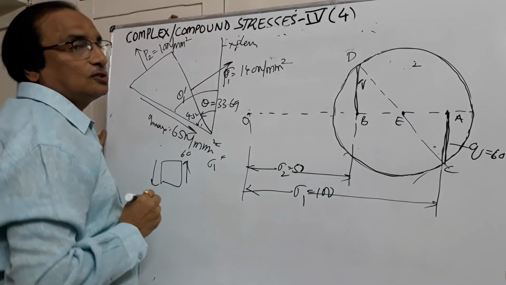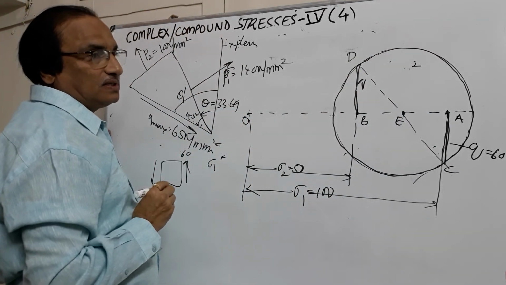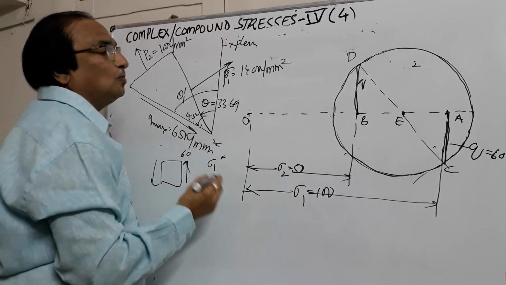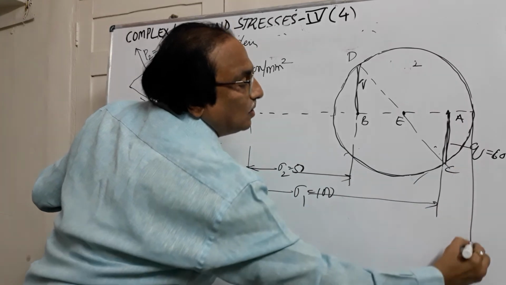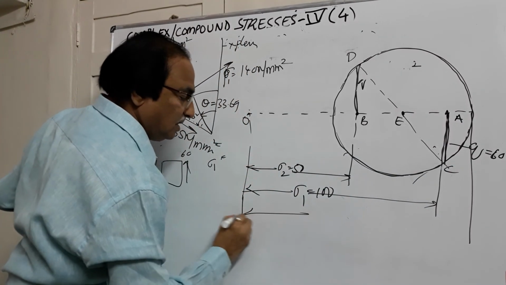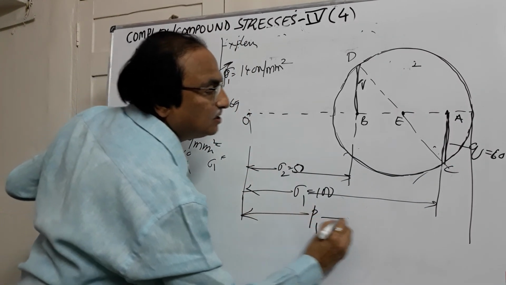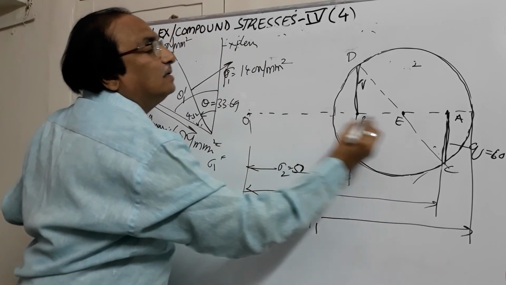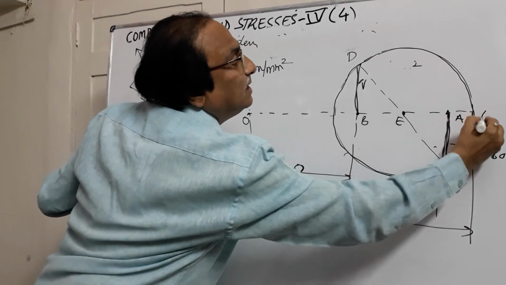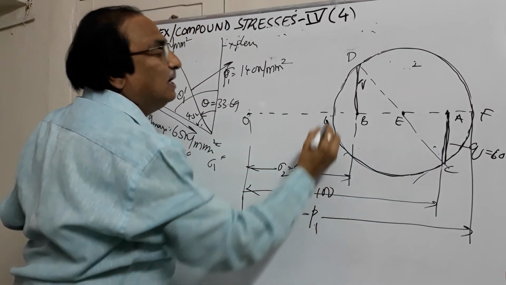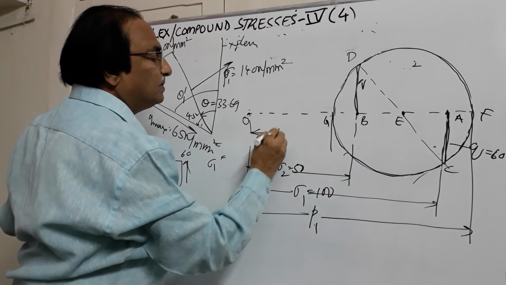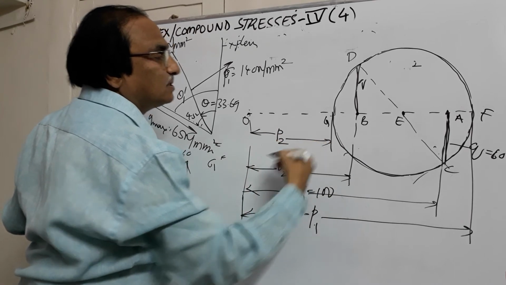Now our interest is to find out major principal stress and minor principal stress. So from here to here, this distance, if you measure, you will get the major principal stress. And suppose if I call this as F and G, this OF will represent P1 and OG will represent the minor principal stress.